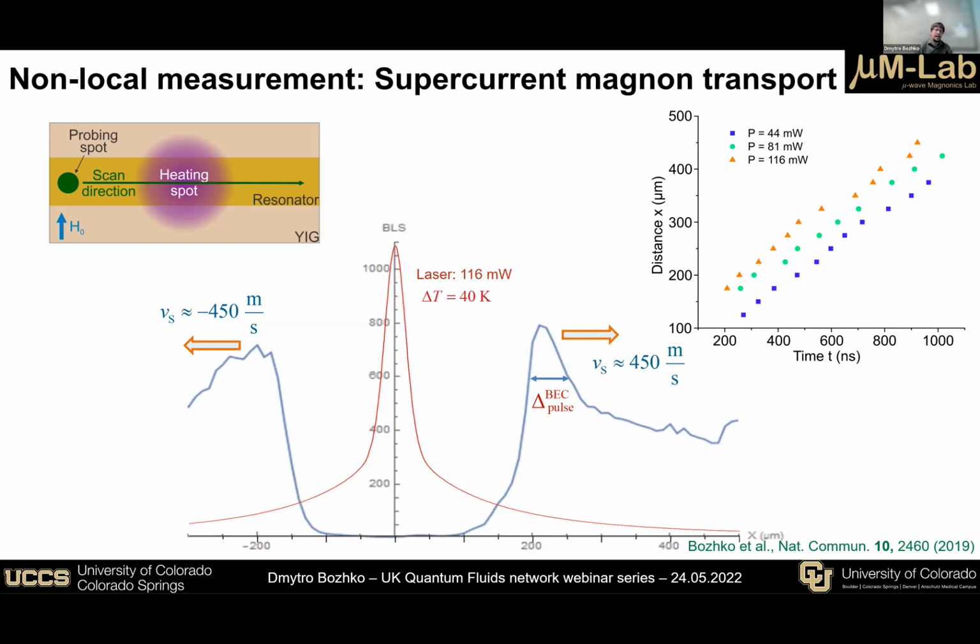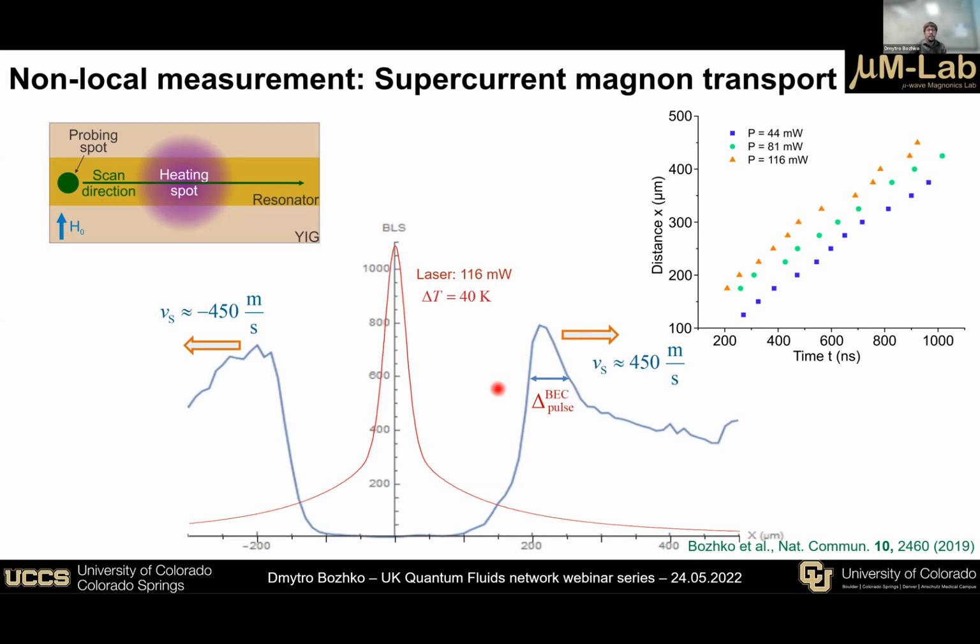Well, as you can see, this initial gradient produces these peaks, which are indeed excitations of the condensate, with some characteristic widths. And this excitation propagates at velocities around 400 meters per second.